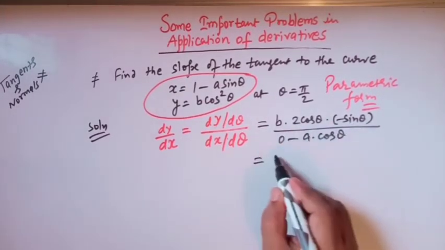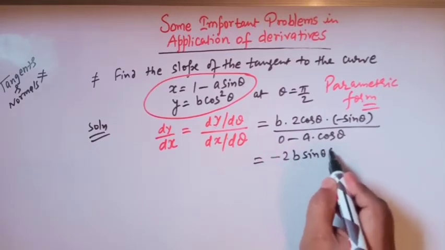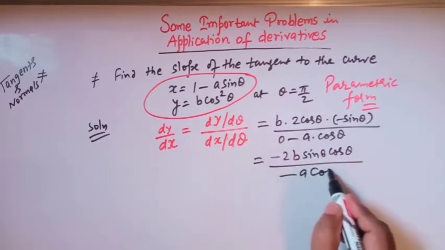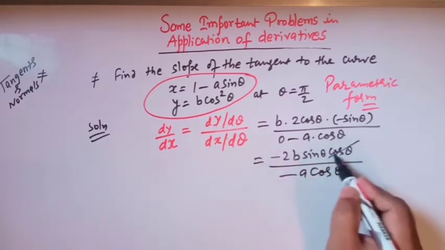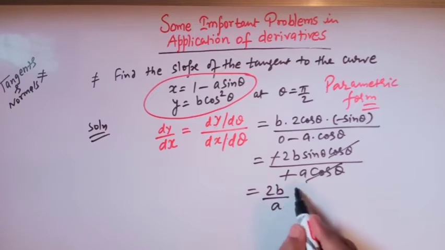Now if we simplify it, we have minus 2b sine theta cos theta, and then we have minus a cos theta. So here cos theta and cos theta get cancelled, minus and minus get cancelled, so we have 2b over a sine theta, right?